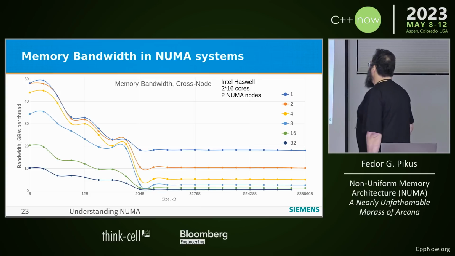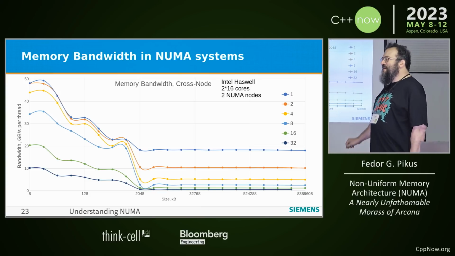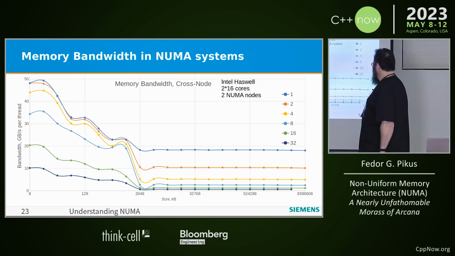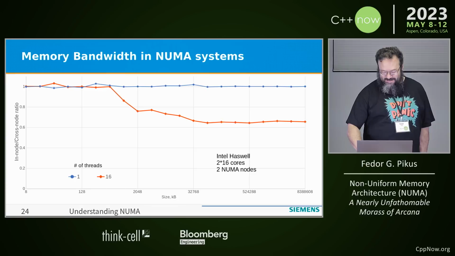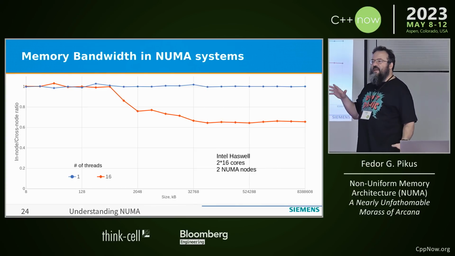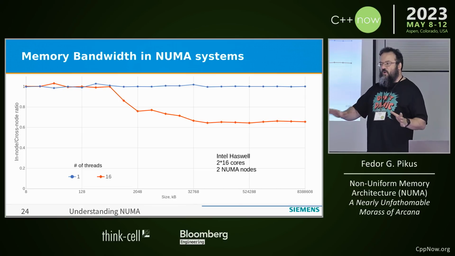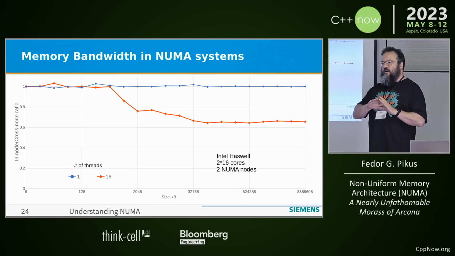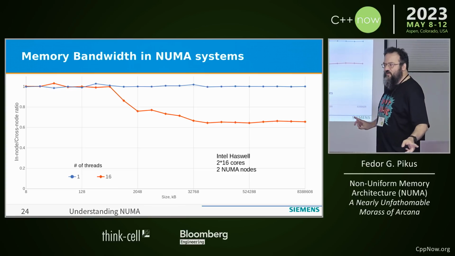Yes, there isn't enough physical memory on a single node to run 32 times that much. Okay, so I should have mentioned this. This is independent memory bandwidth, which means each thread is writing its own memory. It has completely nothing to do with any other thread. We'll get to dependent memory bandwidths.